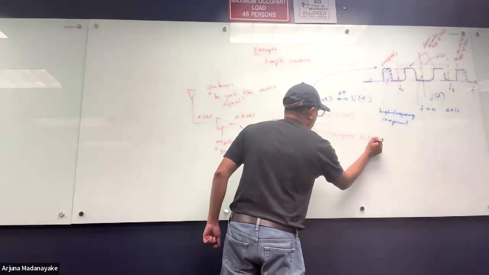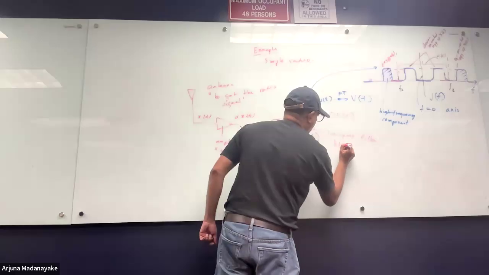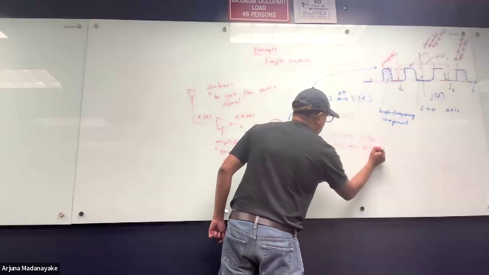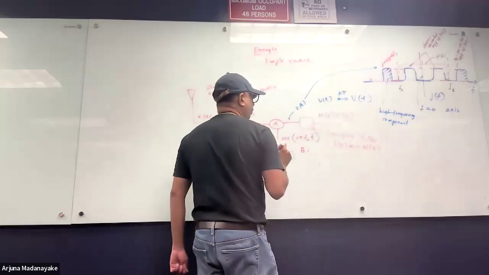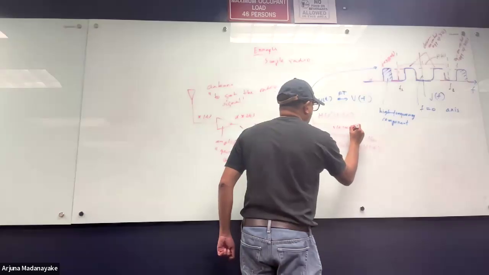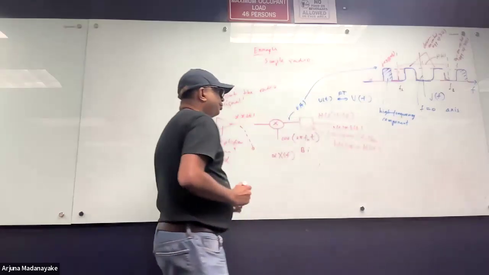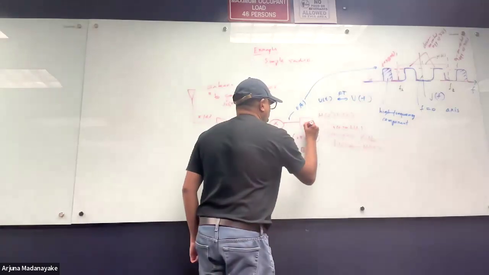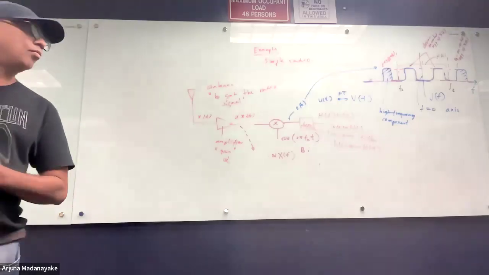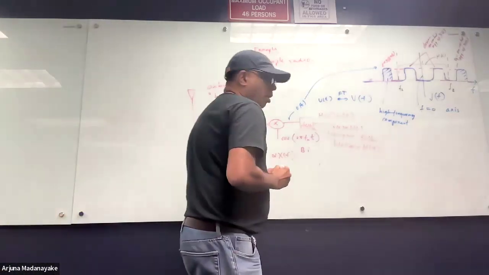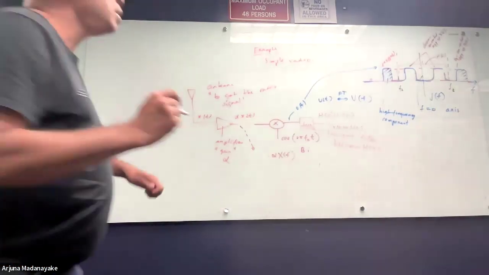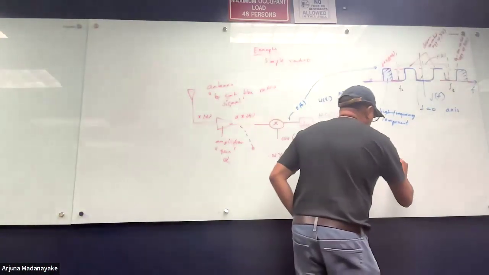It's got an impulse response h of t, and frequency response transfer function h of f. It's computing v of t convolution h of t. Impulse response is simple. So my final output will only have the low frequency component of the spectrum.